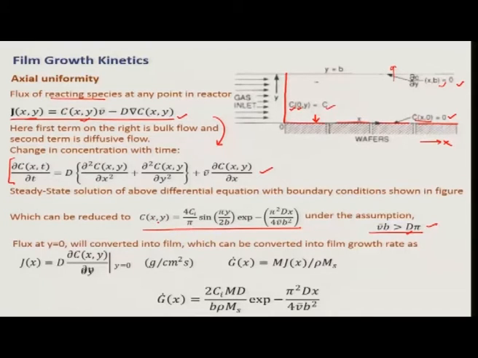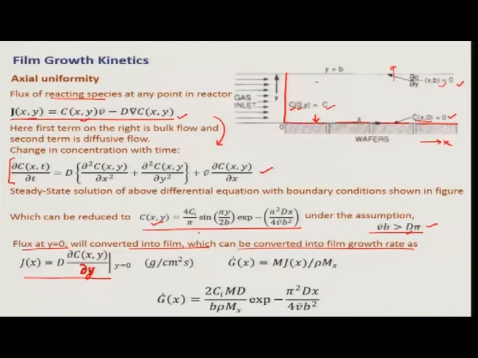At any given point we know how much concentration of the reactant is present. Now, the flux at y equal to 0 will be converted into thin film, which can be converted into film growth rate. So, the flux in this direction at y equal to 0 will be converted to thin film. So, if we know this C(x,y), then we can find the flux, where this is dy.